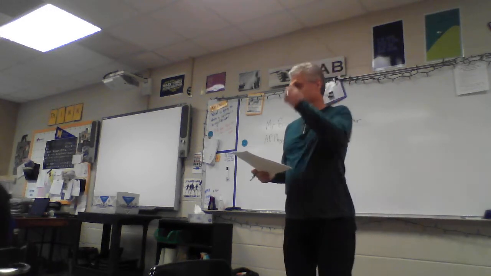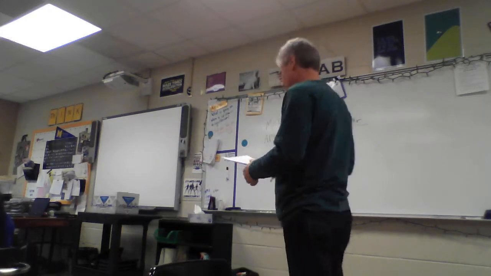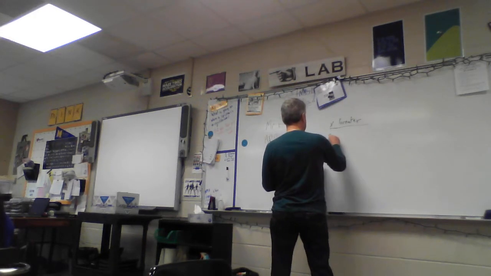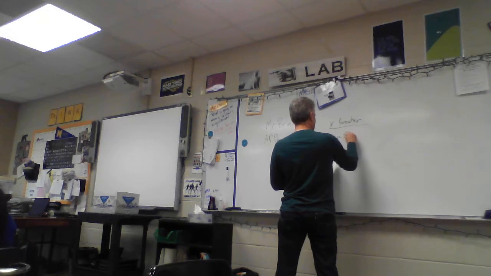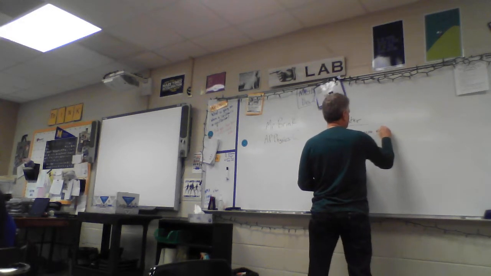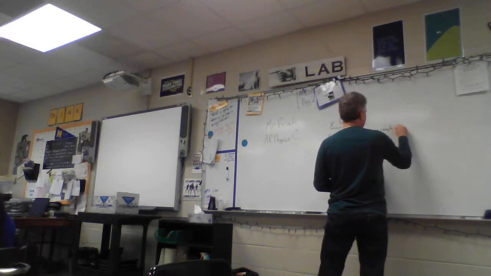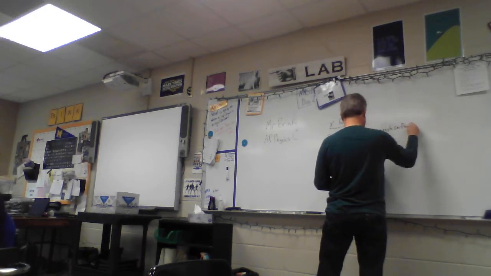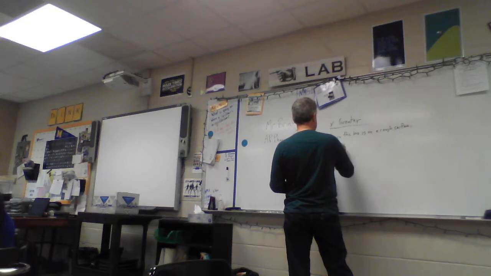Because friction is doing what kind of work, positive or negative? Negative, so I would say something like, since the box is on a rough surface, friction does negative work.